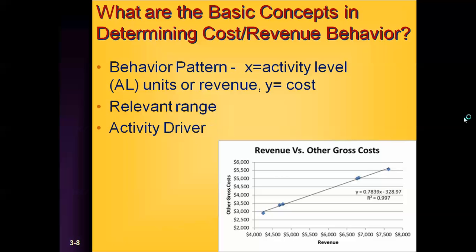The other factor that you want to be concerned about is something called the activity driver. An activity driver is a way to identify factors that cause the observed changes in the cost of revenue associated with a particular curve.